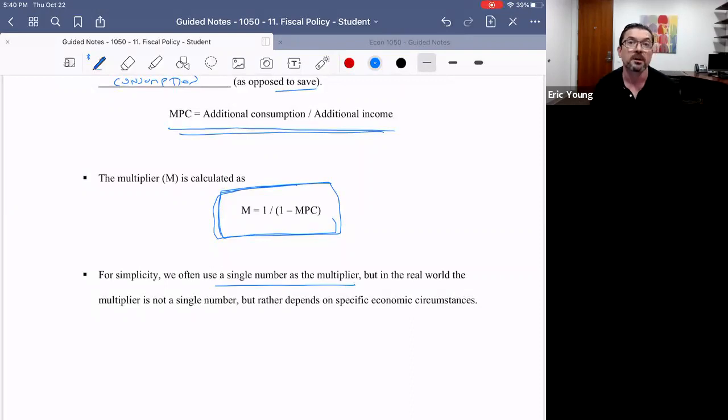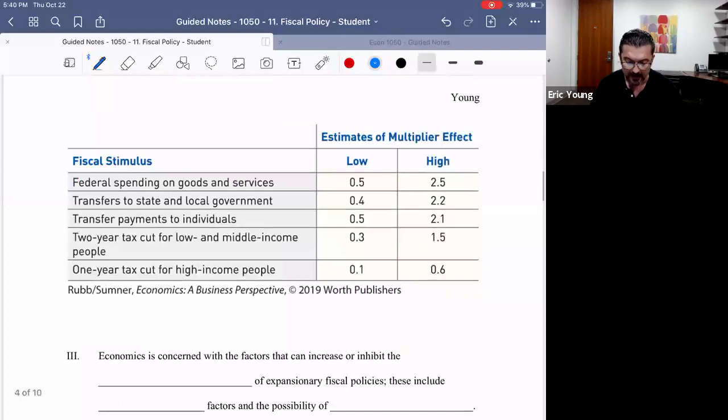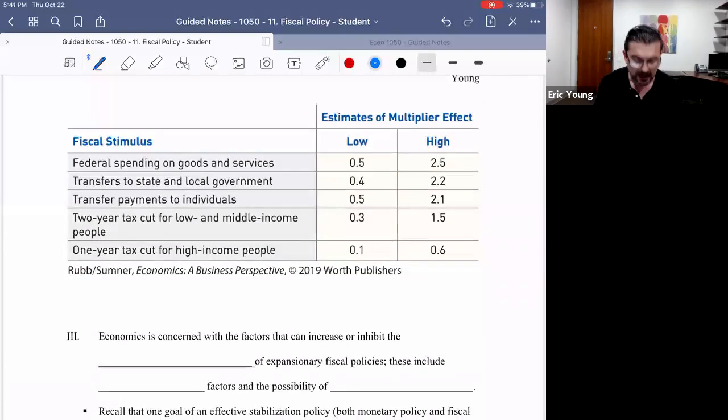But in the real world, it's important to know that the multiplier is not a single number, but rather there are different multipliers for different types of consumption in different circumstances. Multipliers in the real world depend on specific economic circumstances. And right here, just for some comparison, so you can get a sense of it, I give you different estimates of multipliers for different kinds of fiscal stimulus.